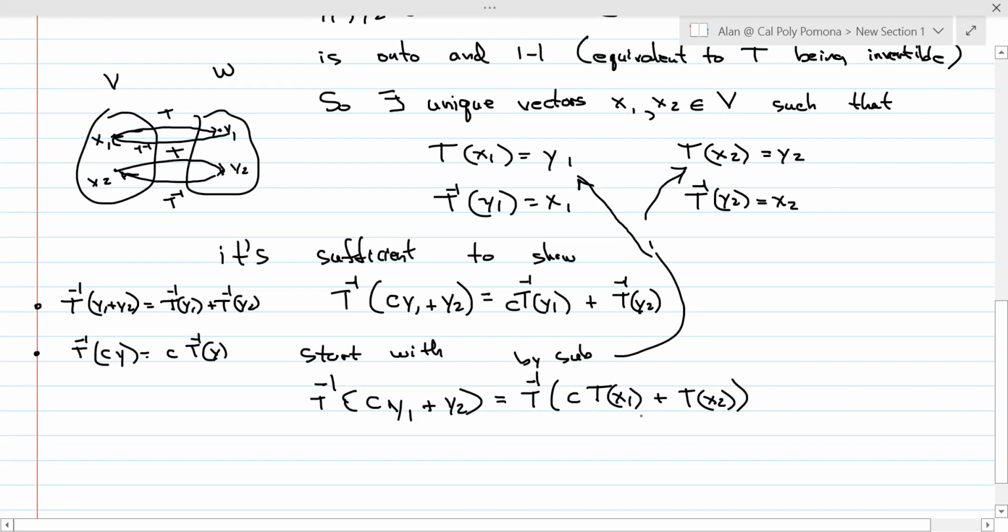What's the next step? Well, you know that T is linear. So you can write this as T inverse, and you can write what's in the parentheses now as T working on c x1 plus x2.